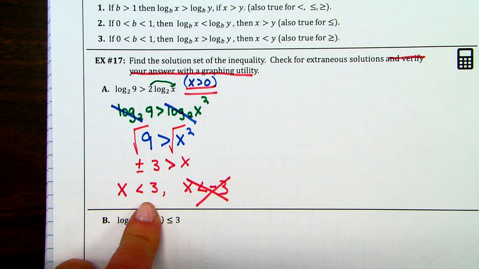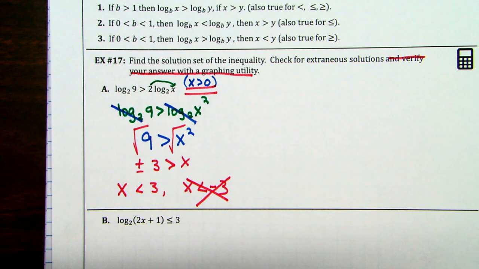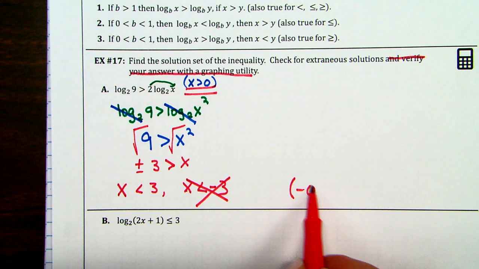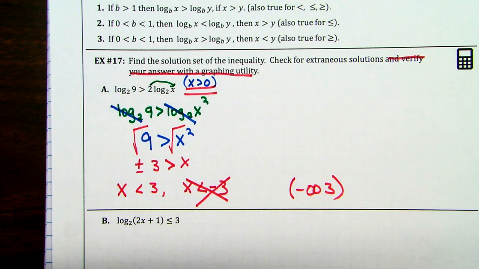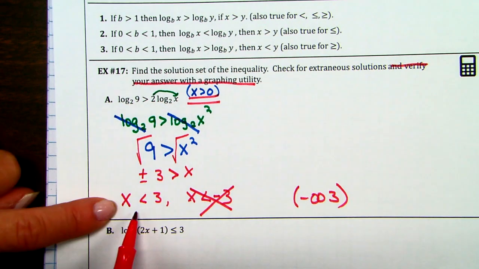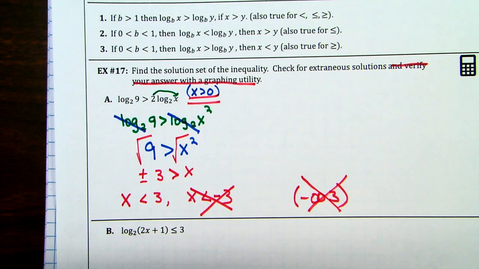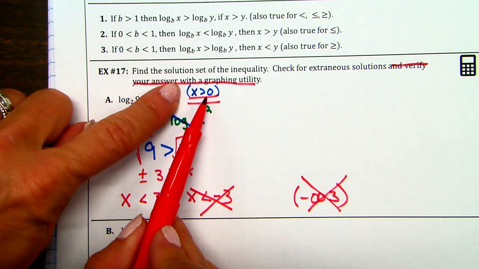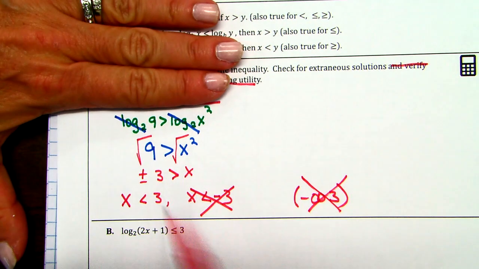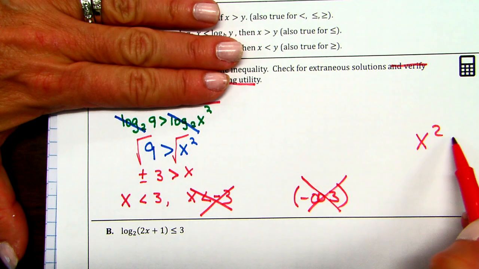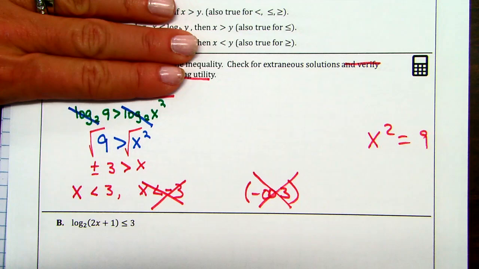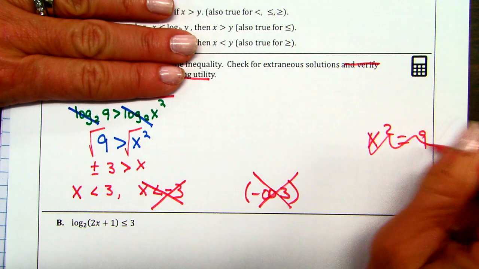But don't write this because it's wrong. Is this my answer? On the last two problems that we did, it would have been, right? That matches this. All the numbers less than 3. Why is this not the answer? Yeah, x has to be greater than 0. So you have to respect the fact that before it was this problem, it was a log problem.